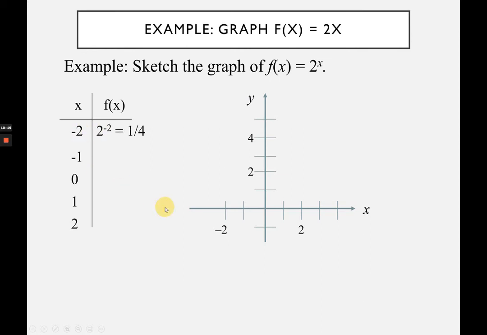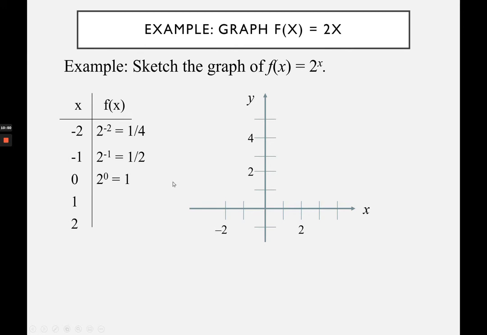If x is negative 2, 2 raised to negative 2 is 4, but since the exponent is negative, it goes down below 1, so it's 1/4. Negative 1 is going to be 2 raised to negative 1, it becomes 1/2 because it becomes a fraction. If x is 0, remember the graph a while ago, any number raised to 0 is 1.